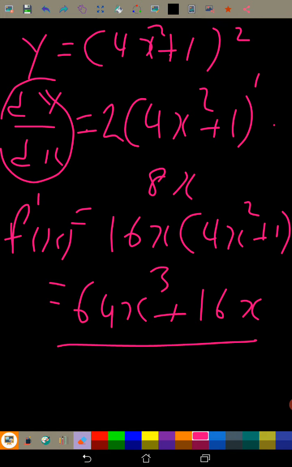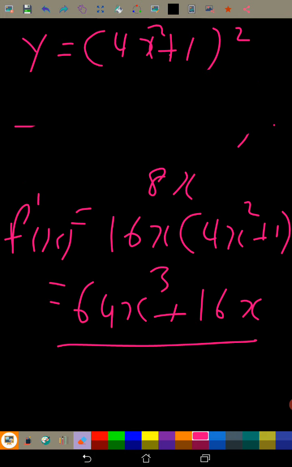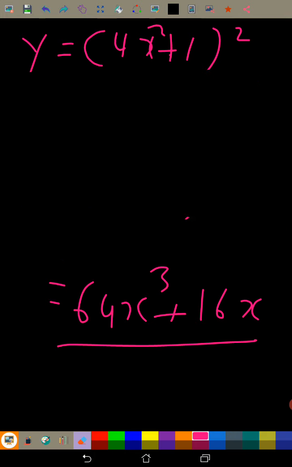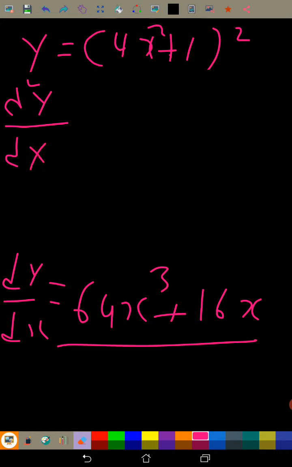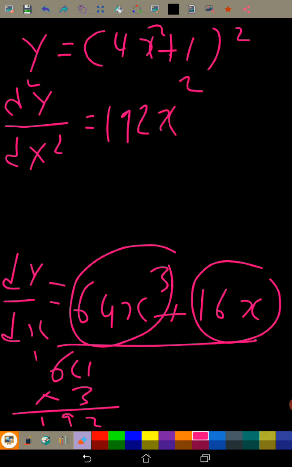Alright, so let's do the second derivative. I will erase this. So we keep this as the first derivative, dy by dx, and now we want d2y by dx2, and that's going to be just term by term. We differentiate this and then we differentiate this. So 64 times 3 is 192, x to the power of 2, plus 16, and that's the second derivative.